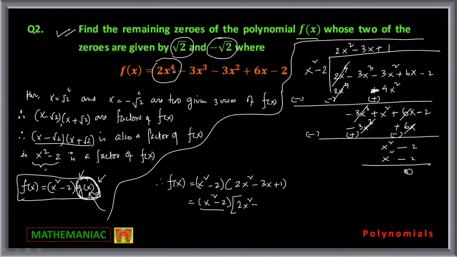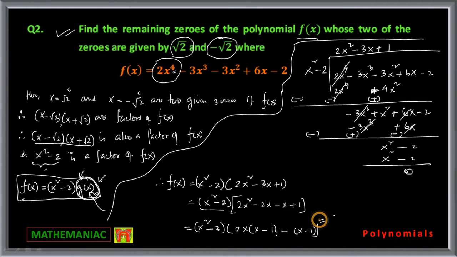So I hope that you will be able to do the middle term factorization, because we have already done this, right? So once you do the middle term factorization, very clearly you will obtain the remaining two zeros. You can check here.